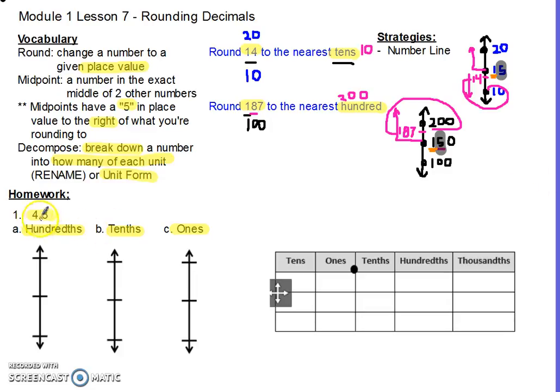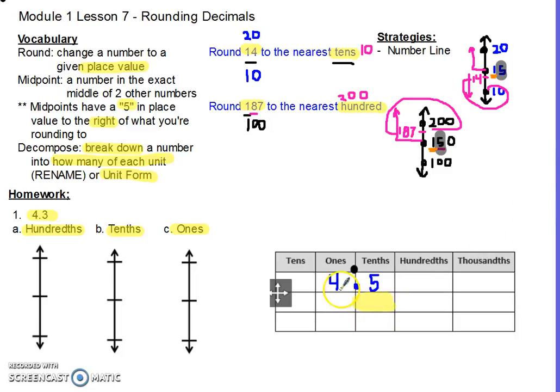So if we took our number 4.3 and we put it into our place value chart, when we're decomposing a number, our unit form here we start with is 4 ones and 5 tenths. Now let's say I wanted to rename it to the most tenths that I have.